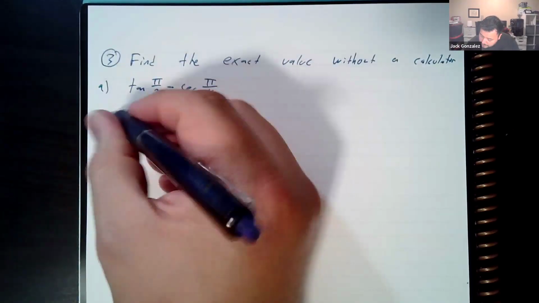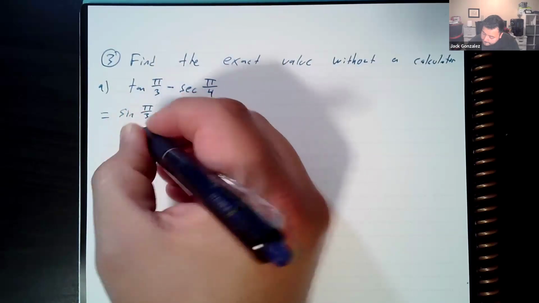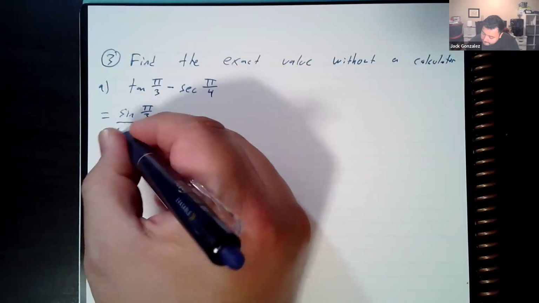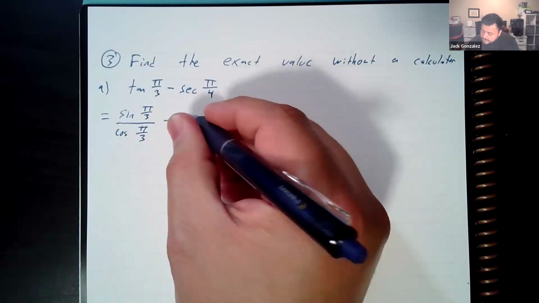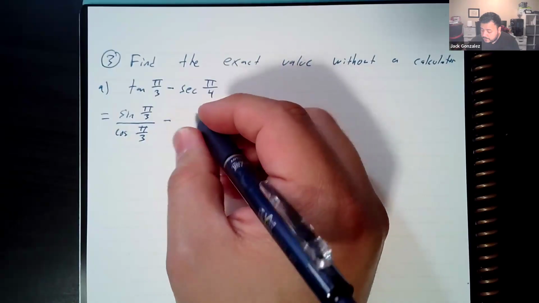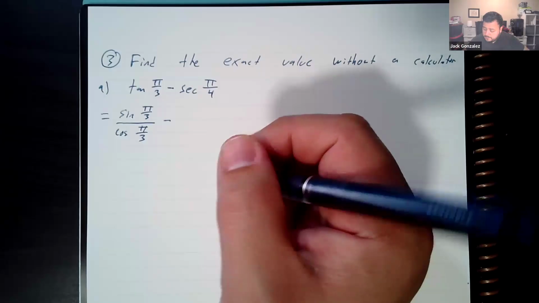So you could do this. And secant is what? 1 over cosine, right?